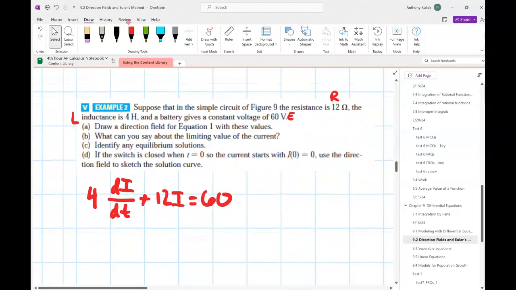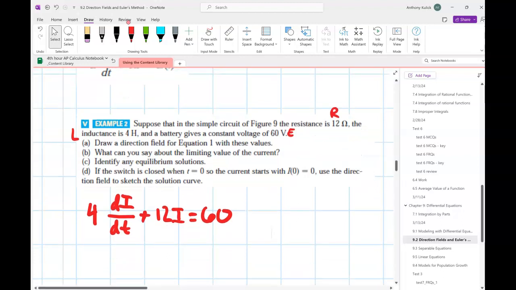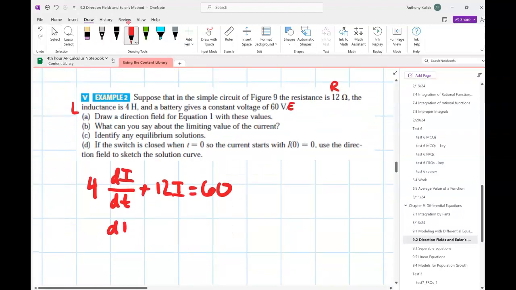That's our differential equation. I'm just filling in the quantities for Ohm's law with the story problem. Now what I'd want to do is get di dt by itself. So I'd subtract the 12i over and then divide by 4. So di dt would equal 15 minus 3i.